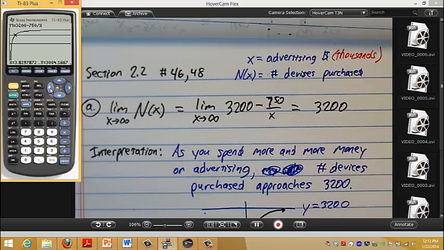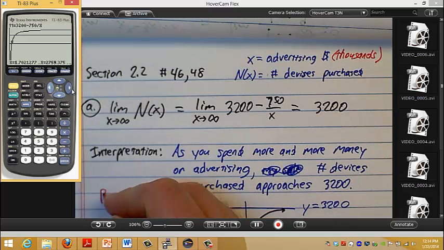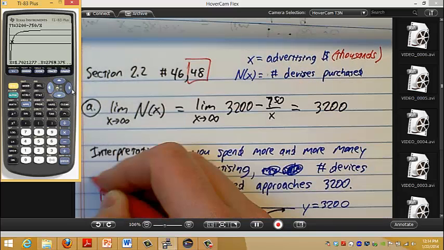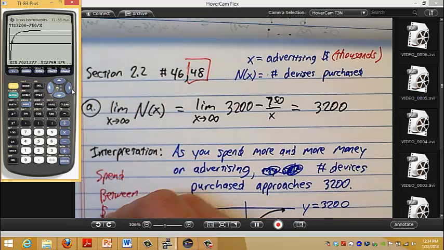What's that say? That looks like about 3.8. What? 3.82, and these are in thousands of dollars. So about $3,800 would be the upper limit that you have to spend. And then somewhere down here, well, what do we have? 1.7, right? So maybe between 1,600. So for 48, I would say spend between maybe 1,600 and what was the upper limit?